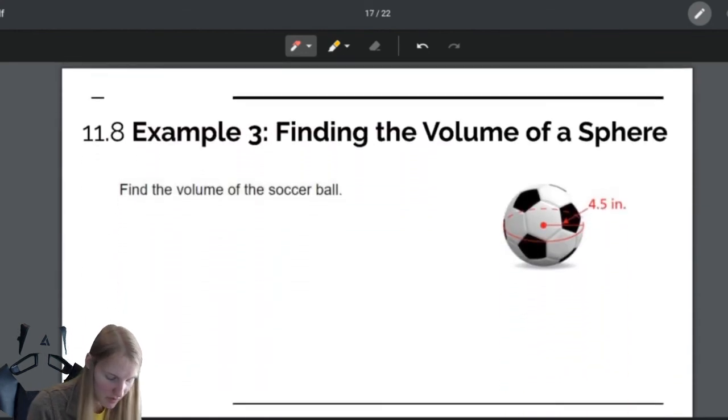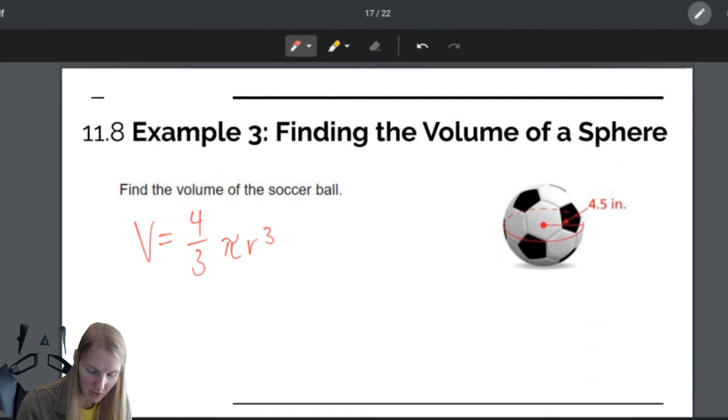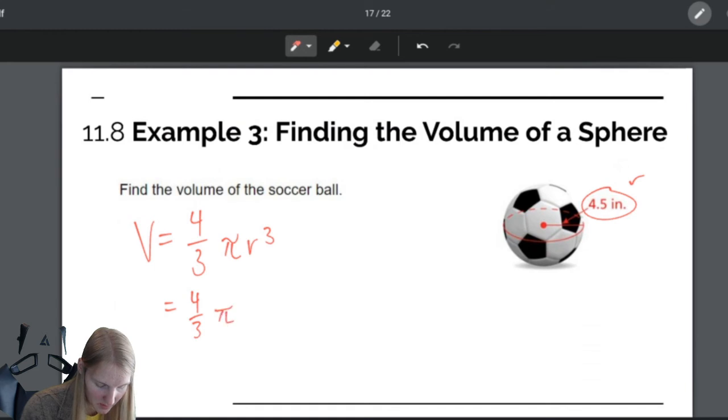Find the volume of a sphere. Remember, the volume of a sphere is 4/3 pi r cubed. And we are given our radius right here. So we have 4/3 pi times 4.5 cubed.